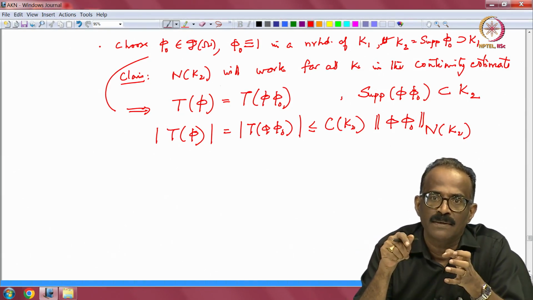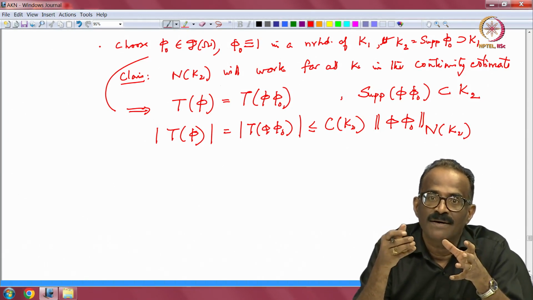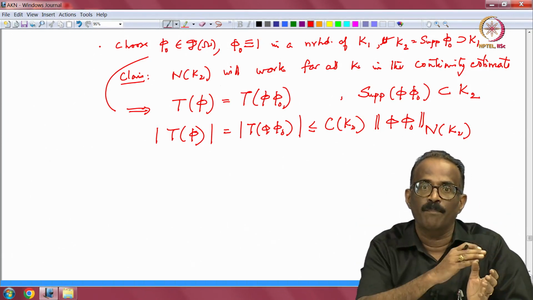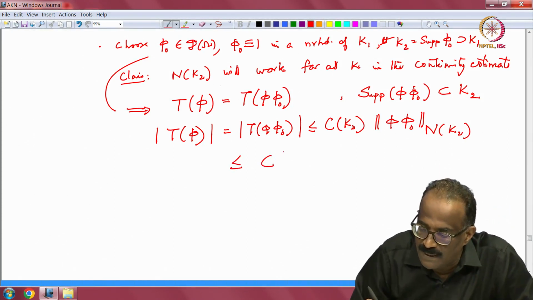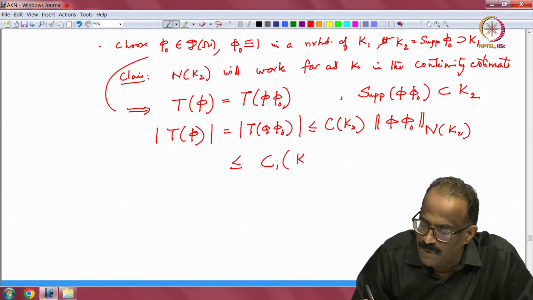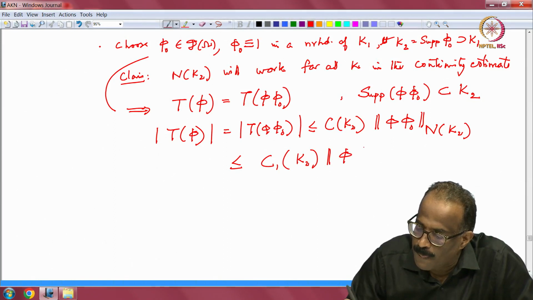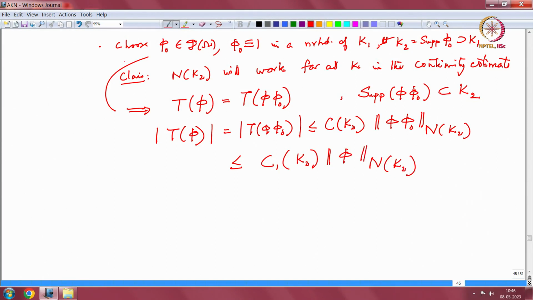You expand it, and d alpha of phi naught can be estimated by a constant. All the derivatives can be estimated in L infinity. So you can combine that constant with C_K, and this can be estimated by some other constant C that depends only on K2 and the norm of phi naught at N_K2. So the proof is actually this, nothing more than that, and that is what implies T is of finite order.